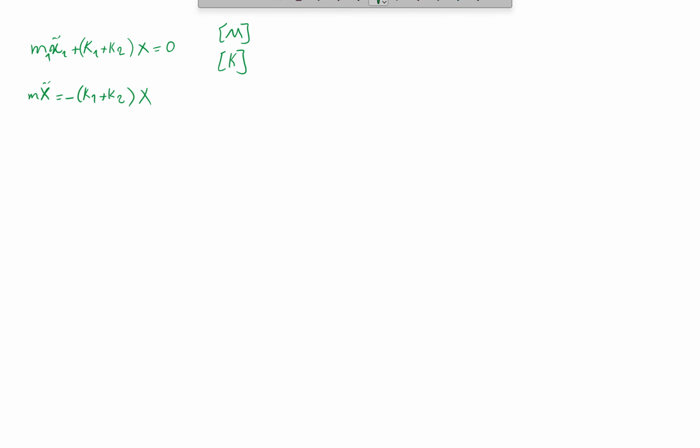This is still showing the force equation for your mass, but if you take this and try to get the stiffness matrix from this form of the equation, you will have something like this, which actually equals minus k.